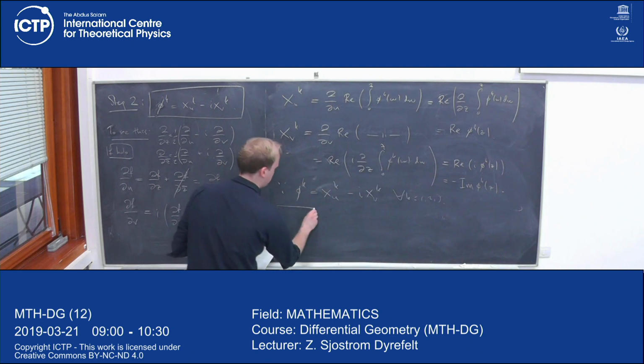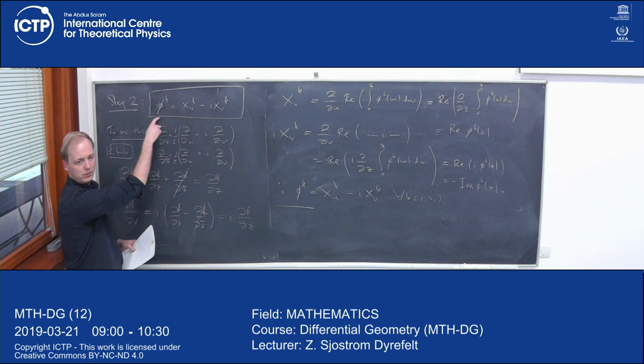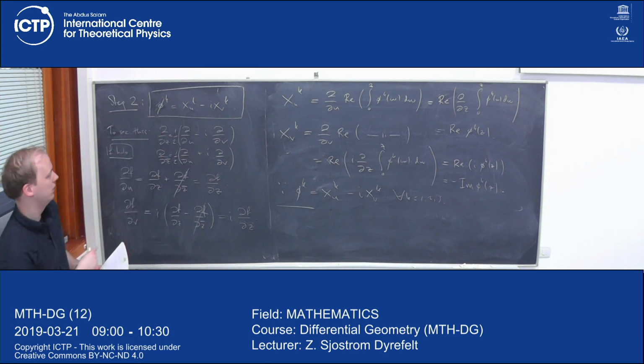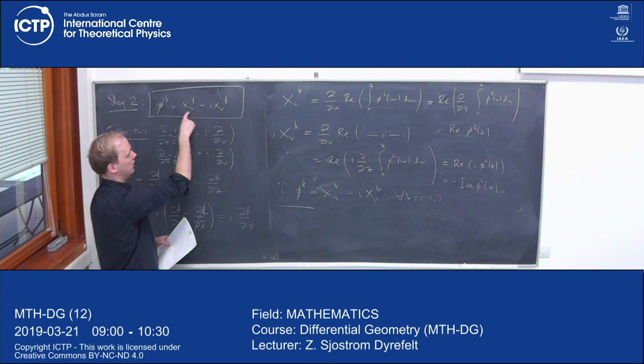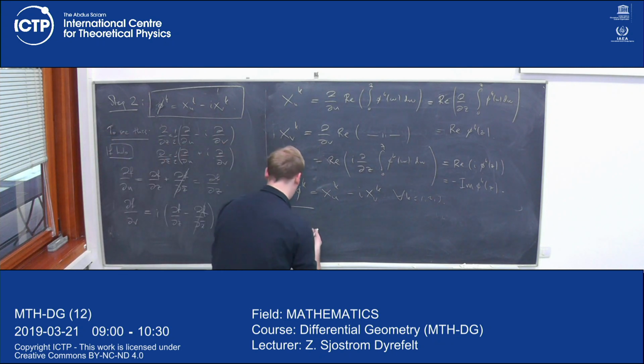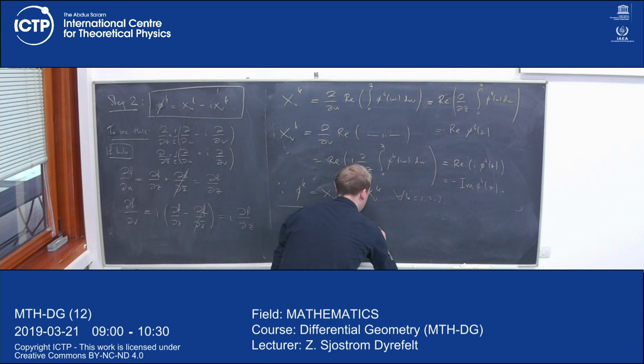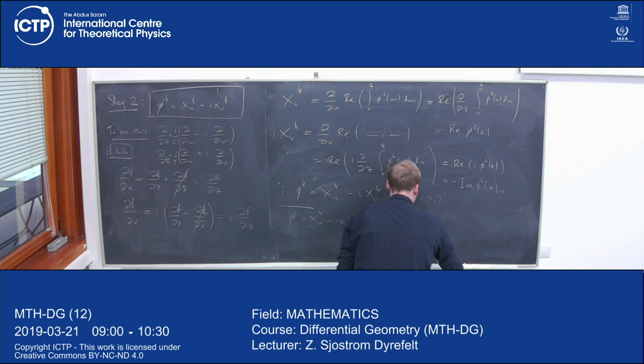And now how do we finish everything up? We have step 1 and step 2. So we know that this is true, and we know that these things here are harmonic. To summarize, we have phi equals x_u^k minus I x_v^k. We have x^k of (u,v) harmonic.